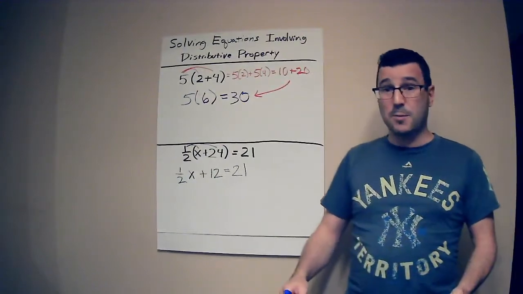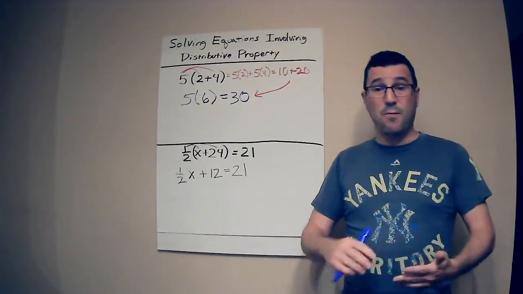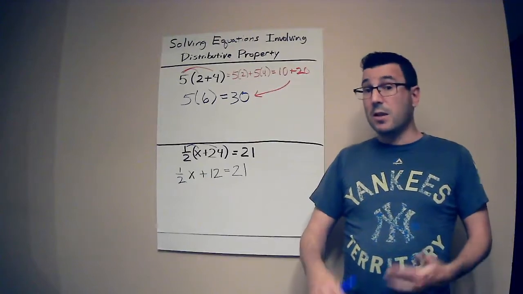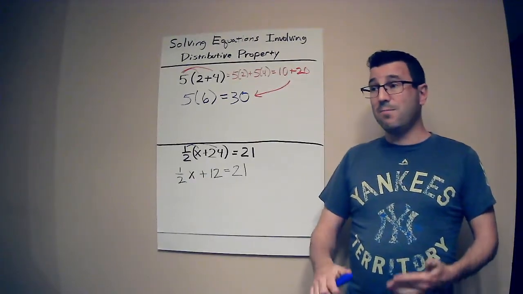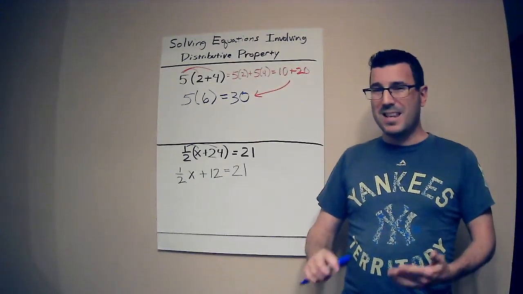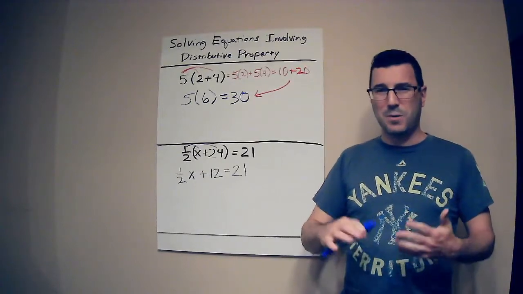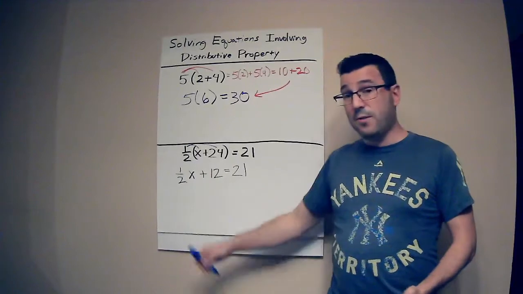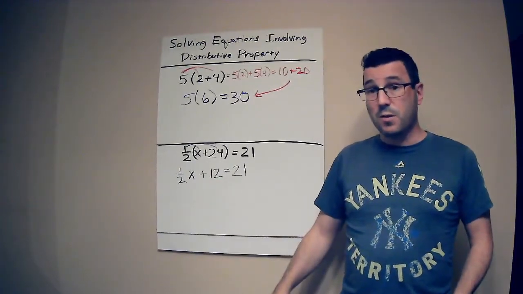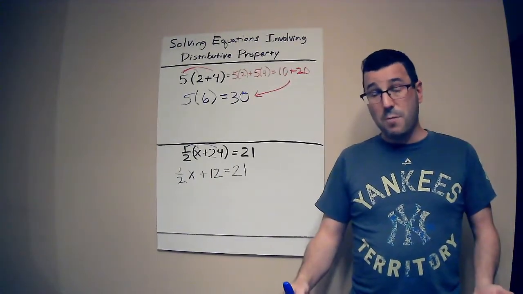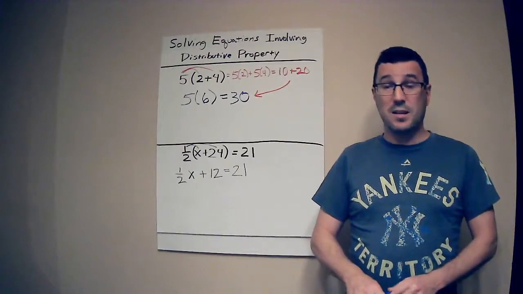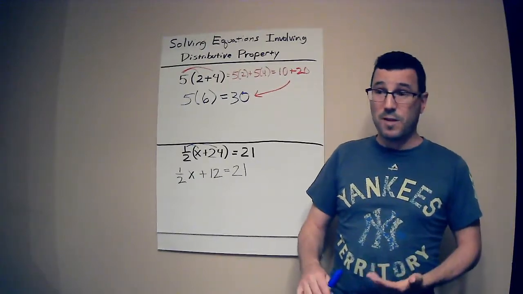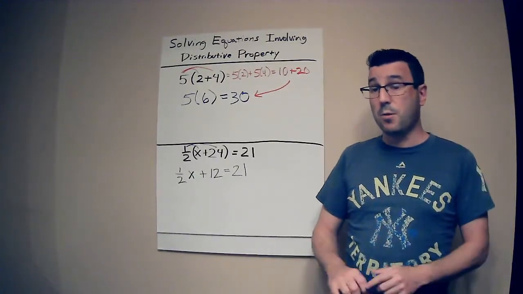The second option is to change any fractions to decimals. A lot of students like that, the problem being that not all fractions come out to a nice decimal. 1/2 does come out to a nice decimal, but I'm actually going to use my third method, which is called eliminating the denominator. This is my personal favorite, but it really depends on the person.